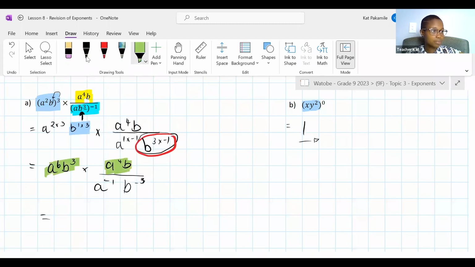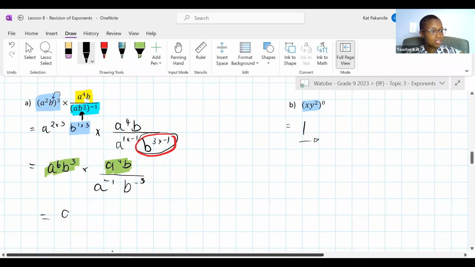Do you see that? Yes, ma'am. What happens to exponents when you are multiplying like bases? We leave the same base and then we add the powers, we add the exponents.